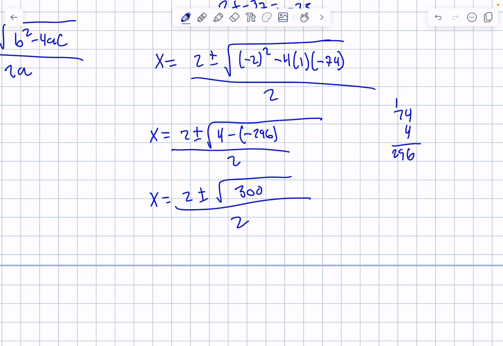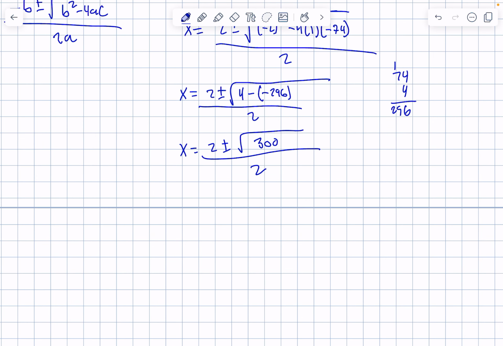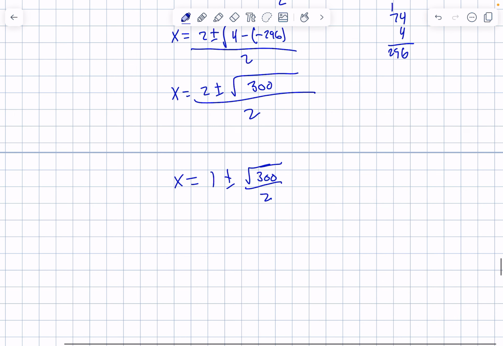Now, this is going to be a little interesting, right? In my eyes, I want to simplify this. So I can simplify this, and this becomes x is equal to 1 plus and minus the square root of 300 over 2. But now I need to simplify the square root.